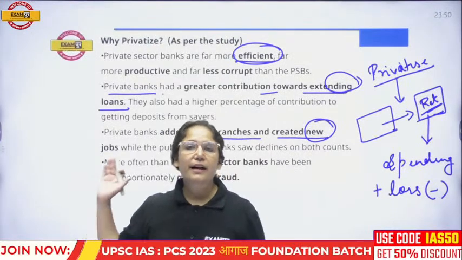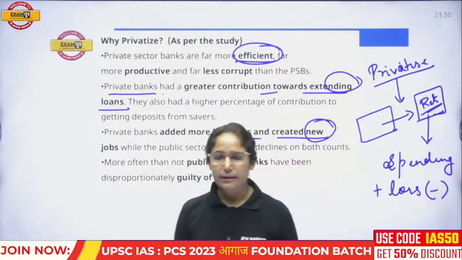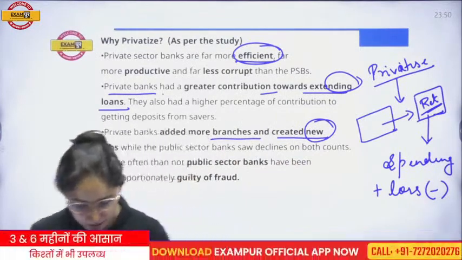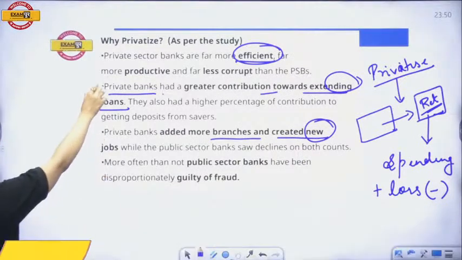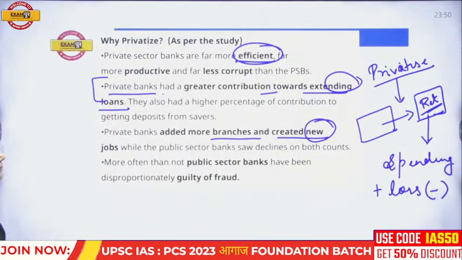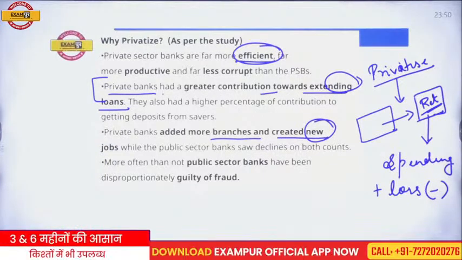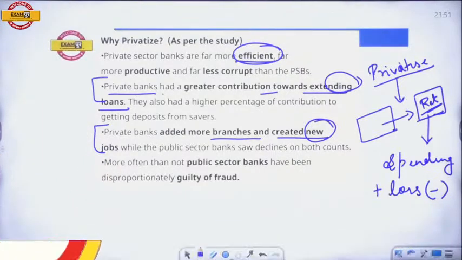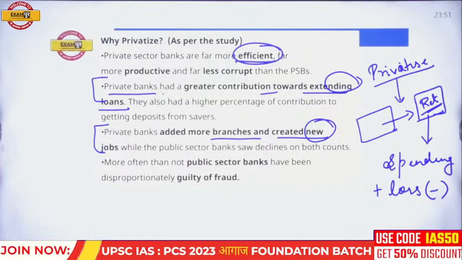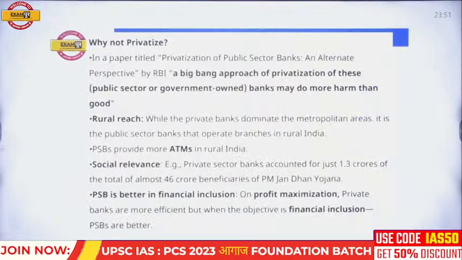This is only one side of the picture. So efficiency, productivity, the number of loans, credit provisions, jobs, the number of branches on a regional basis would be more. And they are trying to mitigate the NPA as much as possible.